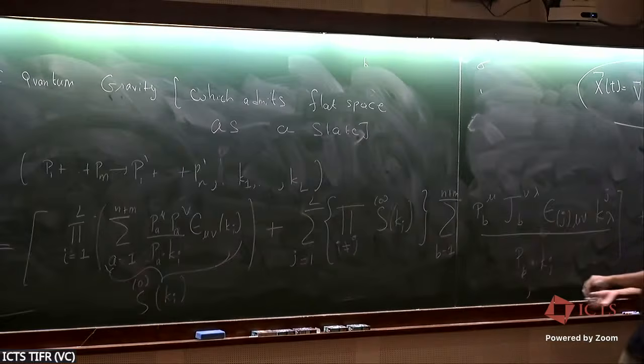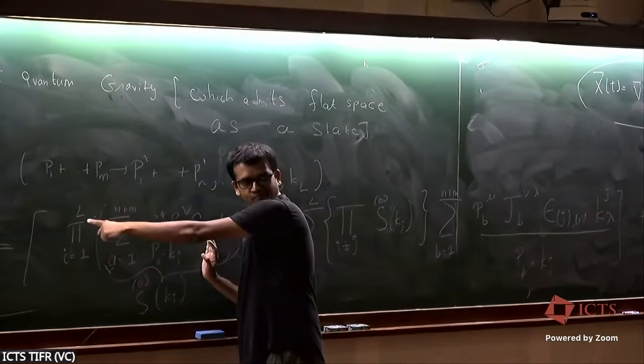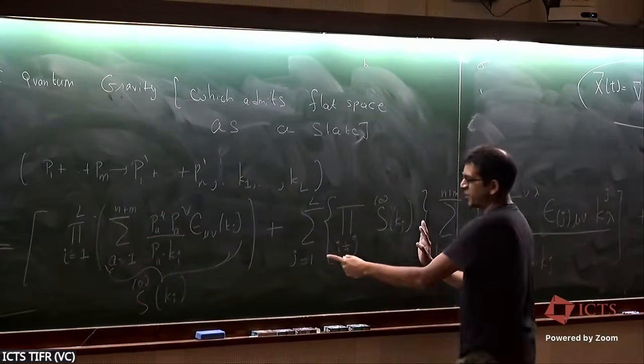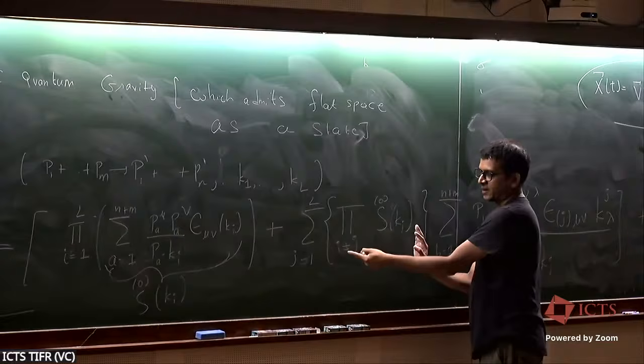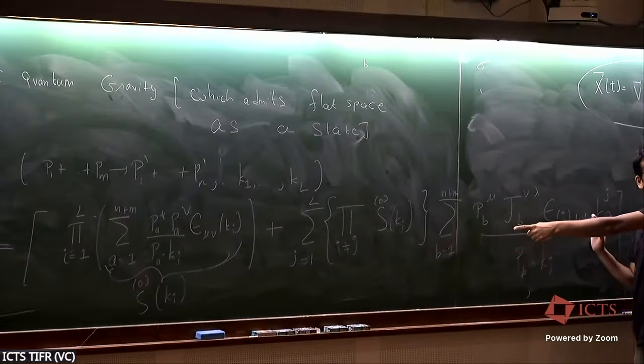So both these terms, you notice there is something interesting. In this term, you just have product over all the gravitons. In this term, you have product over all the gravitons except one of them, and then there is this factor here, which also has a parallel with the subleading soft factor we derived.